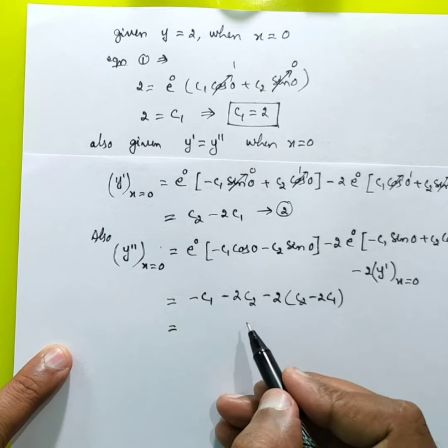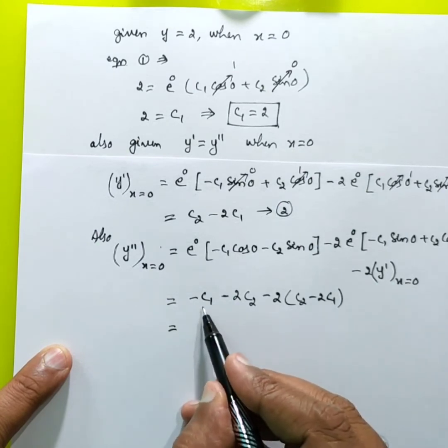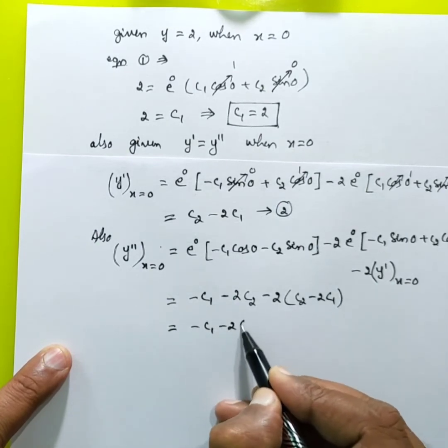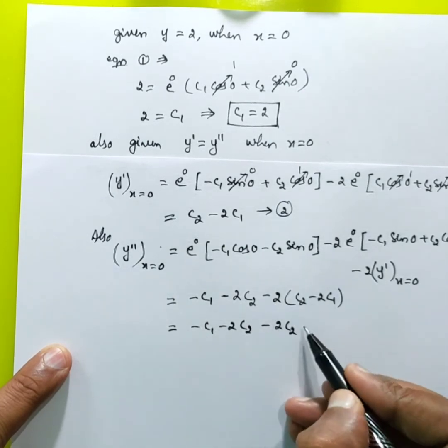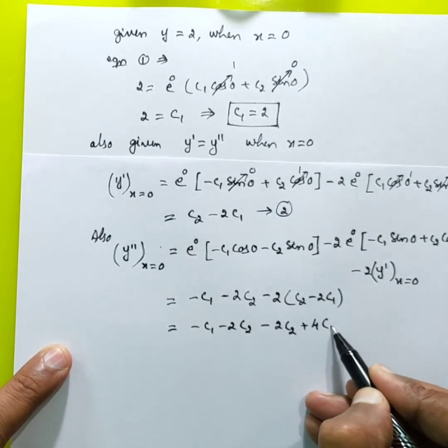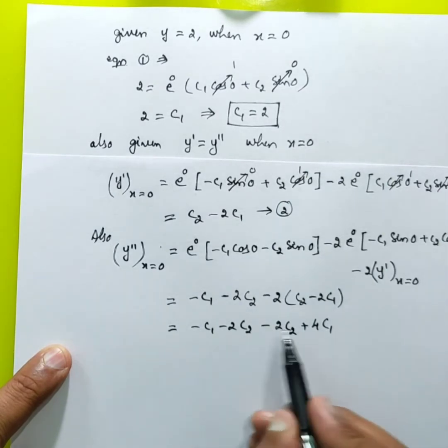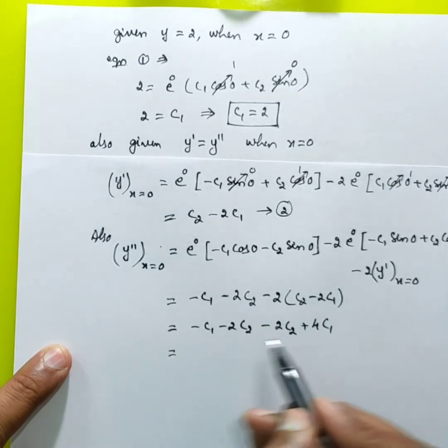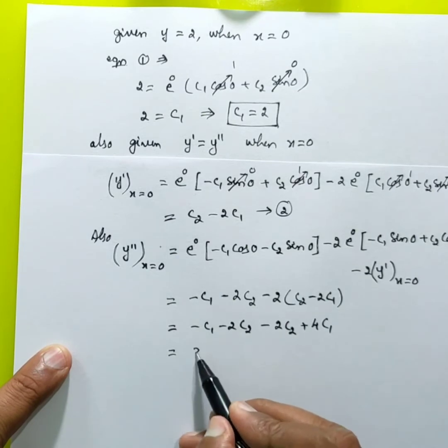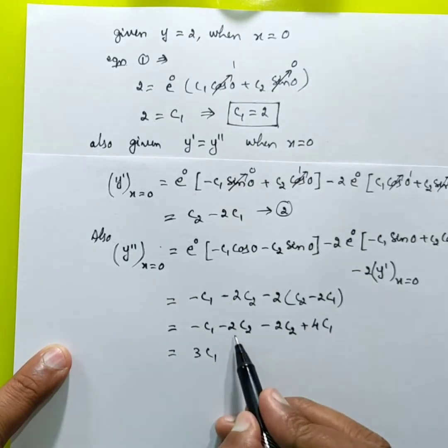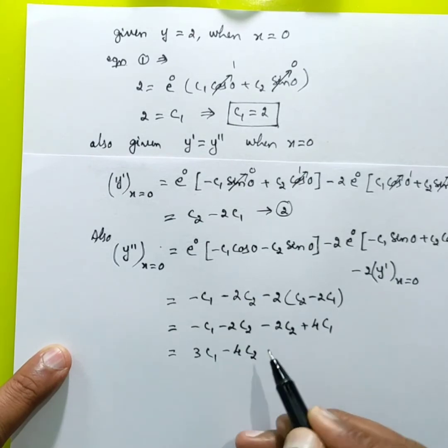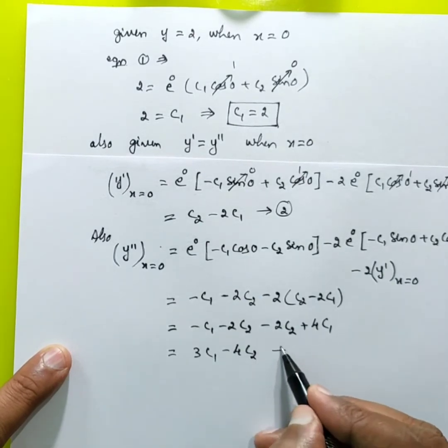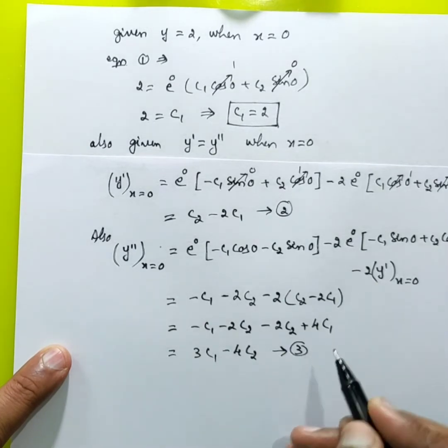Simplify this one: minus c1, minus 2 times c1, minus 2 times c1, minus of minus becomes plus 4 times c1. So group the like terms: 4c1 minus c1 will be 3 times c1, and minus 2c2 minus 2c2 will be minus 4 times c2. So let us take this as equation number 3.